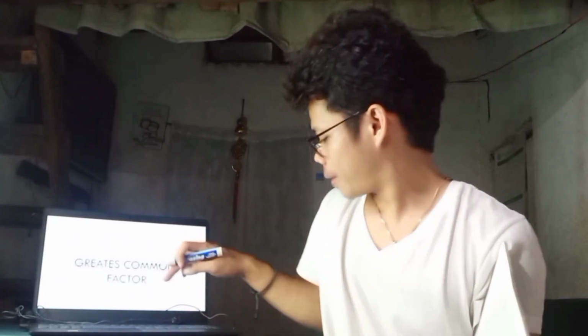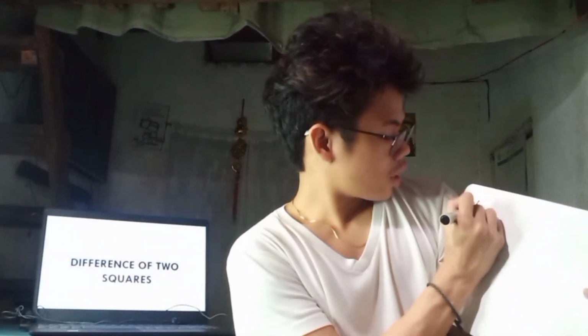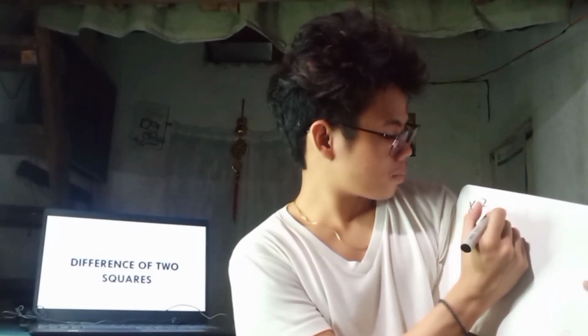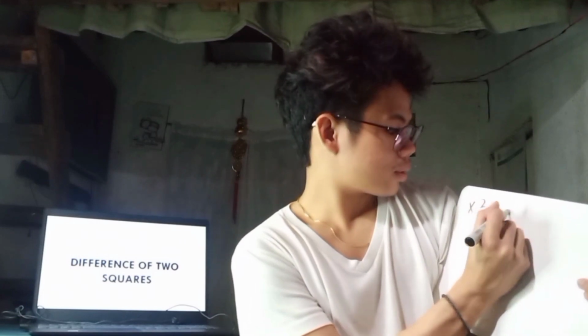So now let's move on to the difference of two squares. Okay, in this example, I will show you how to use the difference of two squares. Let's say we have x squared minus 9 equal to 0.